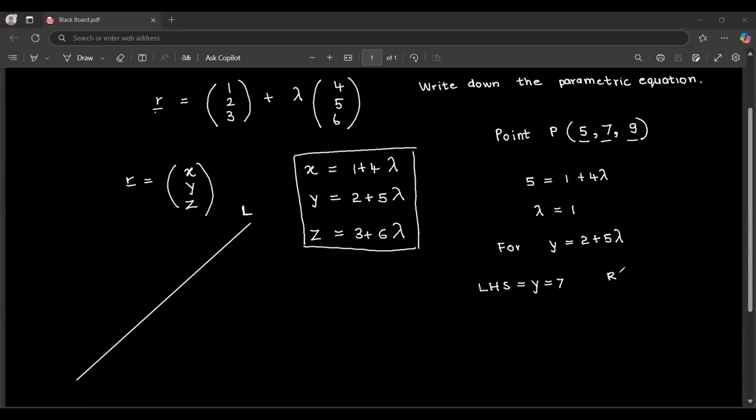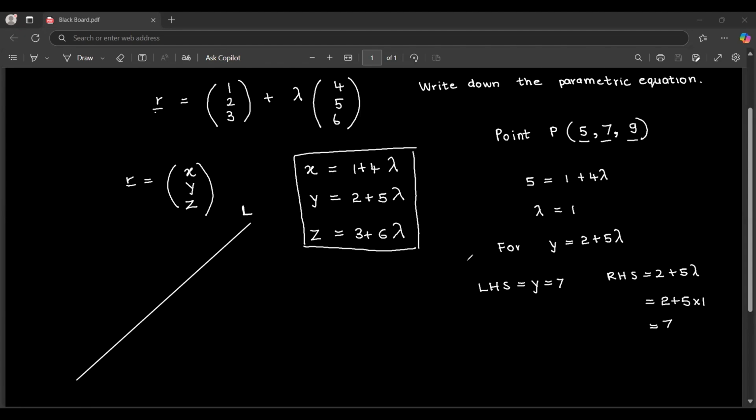The RHS is 2 plus 5 lambda, and we know lambda is equal to 1, as they have given that x is equal to 5, so we found that lambda is equal to 1. So it will be 2 plus 5 into 1, which is equal to 7. Since RHS and LHS are equal, y satisfies the equation. Y equals 7 satisfies the parametric equation for y.